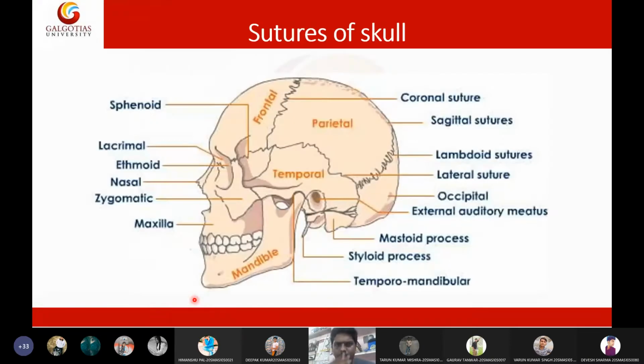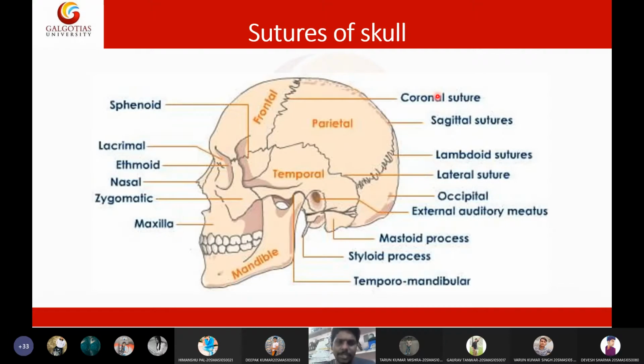Now I will show you the sutures. Yes, very good. So these are the sutures, students. In the skull, we have these plates: frontal, parietal, temporal, occipital. These skull bones are connected by stitching-like joints, and those joints are called sutures.